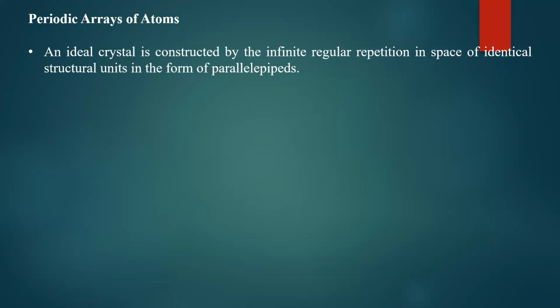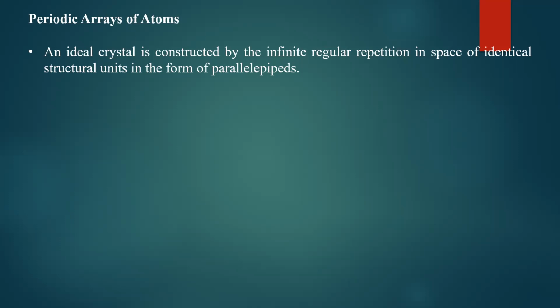So chairs are structural units. The repetition of these chairs in a regular arrangement forms a particular structure. In the same way, the atoms are arranged in a crystal.